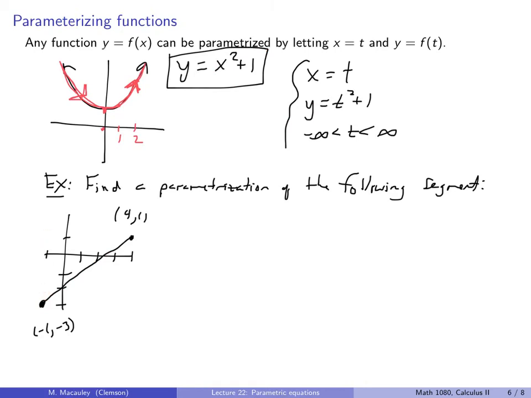In other words, x and y will both be linear functions. So I'm going to say x is x naught plus a times t, y equals y naught plus b times t. So x and y are both linear functions.